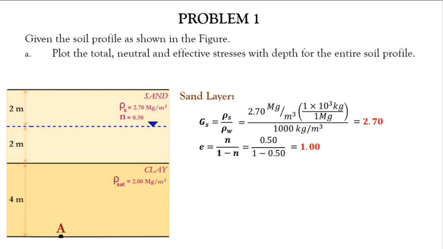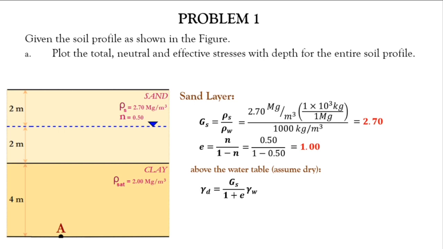Unless otherwise saturation is given. Pero sa part na to, sa problem number 1, wala namang binigay, so we can assume that the sand layer above the water table is dry. So if it is dry, pwede mo nang gamitin yung formula ng dry unit weight, which is equivalent to GS gamma water all over 1 plus e.